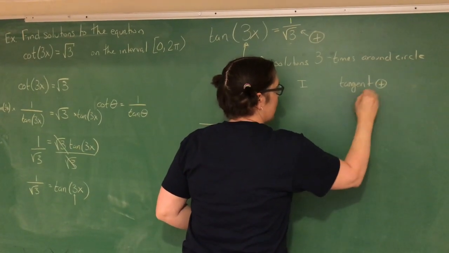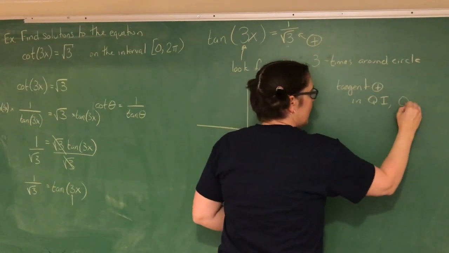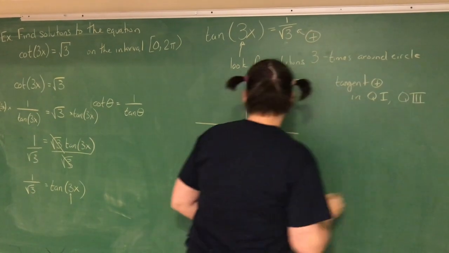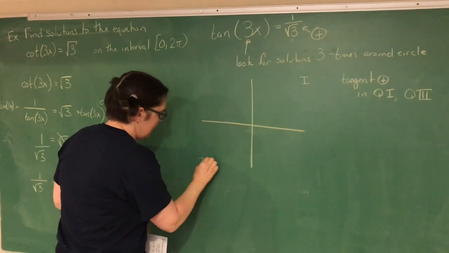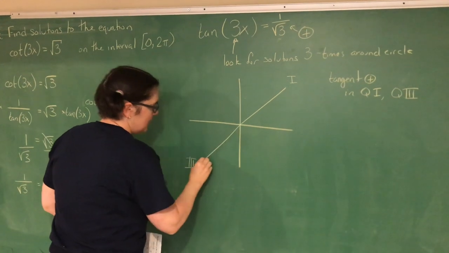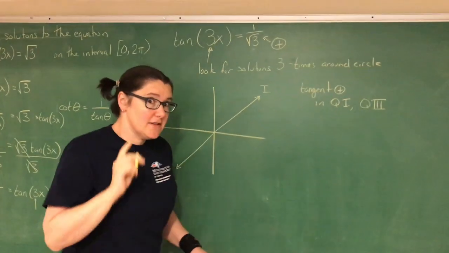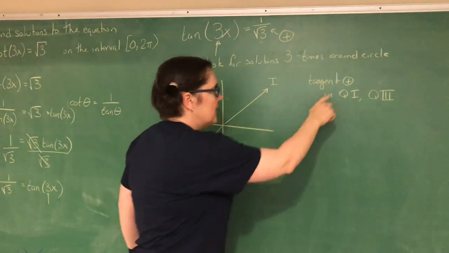So tangent is positive in quadrant 1 and in quadrant 3. So we are looking for an angle in quadrant 1 and an angle in quadrant 3.